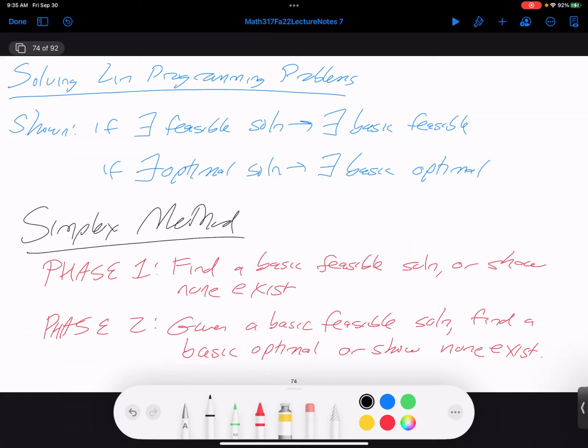Can somebody give me a problem where you can give me a feasible solution trivially? Two-dimensional diet problem. Okay.